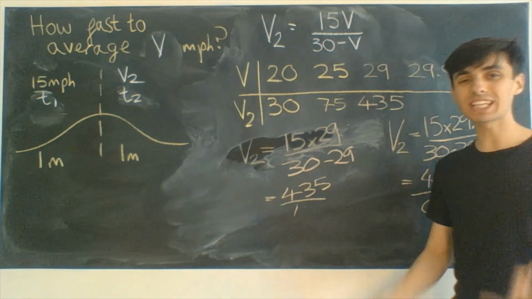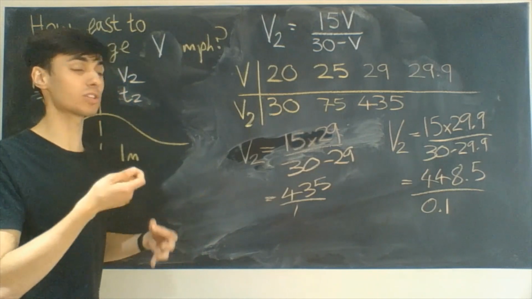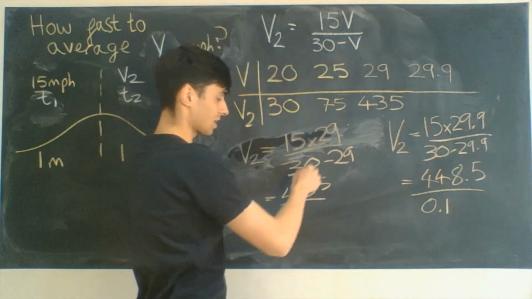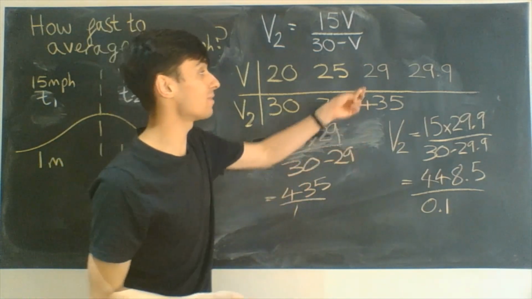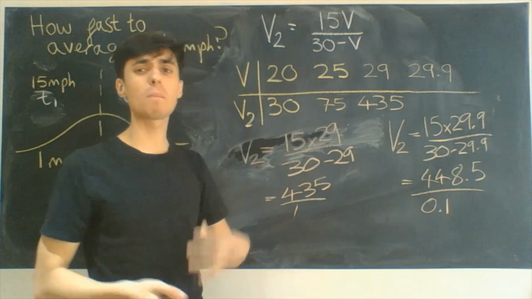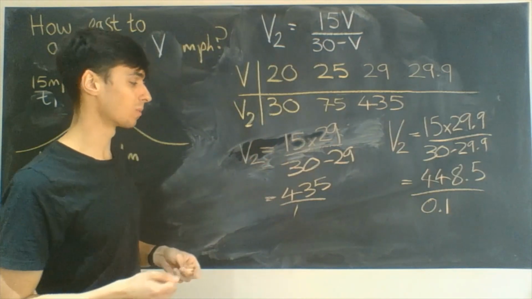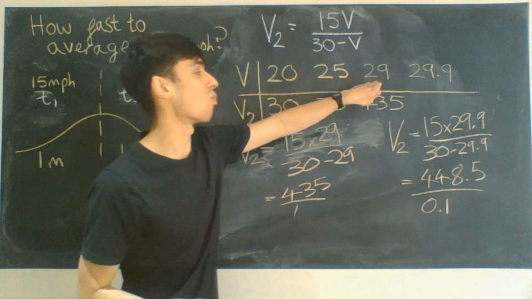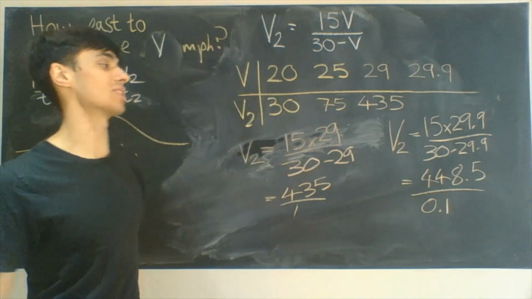And actually, the key part of what we've seen is that as our number becomes closer and closer to 30, the top of our fraction gets closer and closer to 450, because that would be 15 times 30, but the bottom of our fraction becomes uncontrollably small. It went from being 10 to 5 to 1 to 0.1, and that sends our number skyrocketing up.